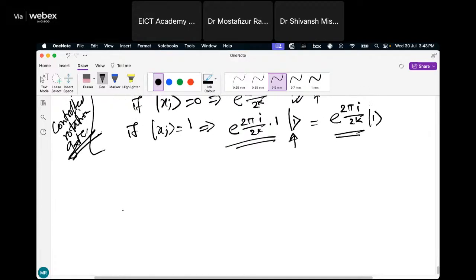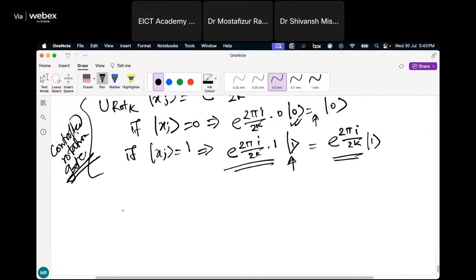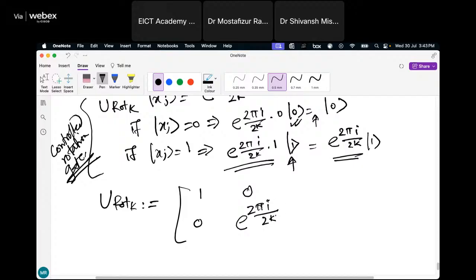Mathematically, in the form of the quantum gate representation, the definition of the U rotation gate is U rotation k equals the matrix 1 0, 0 e to the power 2 pi I by 2 to the power k. It does nothing to the quantum state 0. This is the matrix definition. Now you apply it to ket state 0, it will be 0. And if you apply it to 1, it will be e to the power 2 pi I by 2 to the power k, ket 1.